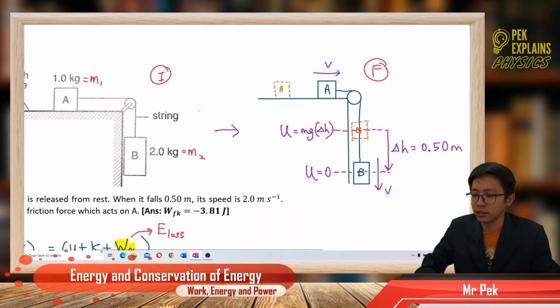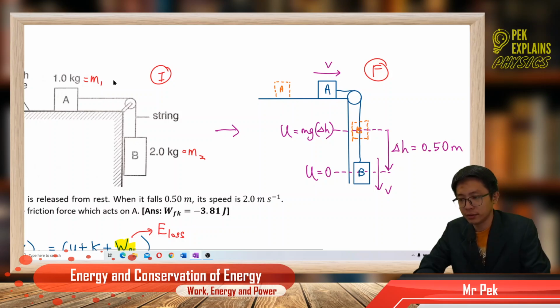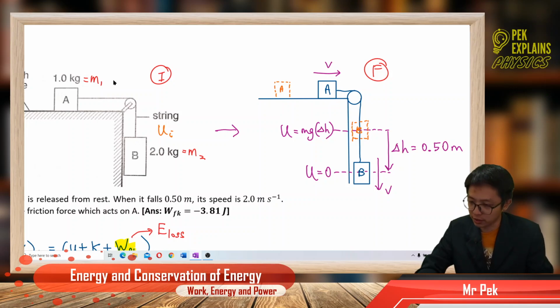Initially, block B is at a certain height, so it has gravitational potential energy. This is for block B.